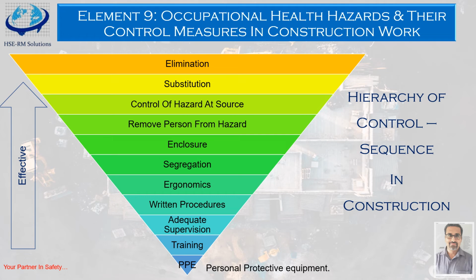Then comes written procedures. Now written procedures, you have to understand, are on the bottom line. And why? Because it is the least effective, because people are going to come on your site who are not going to be aware of the procedures. They are not accustomed to the procedures of your site specifically. But at least written procedures on site are a guide that this is how our site is going to perform, this is how our site is going to have the activities done.